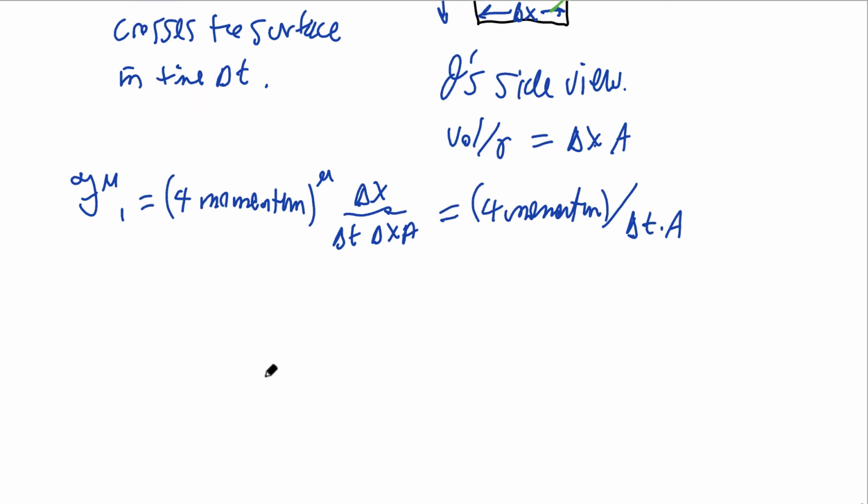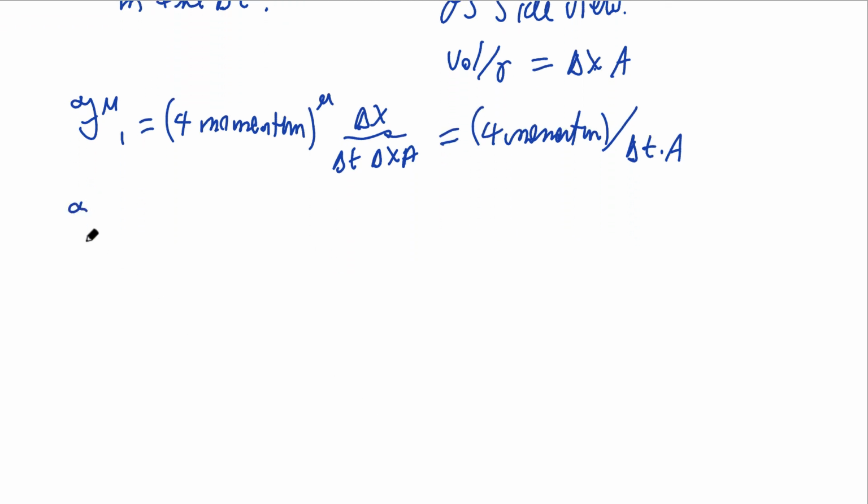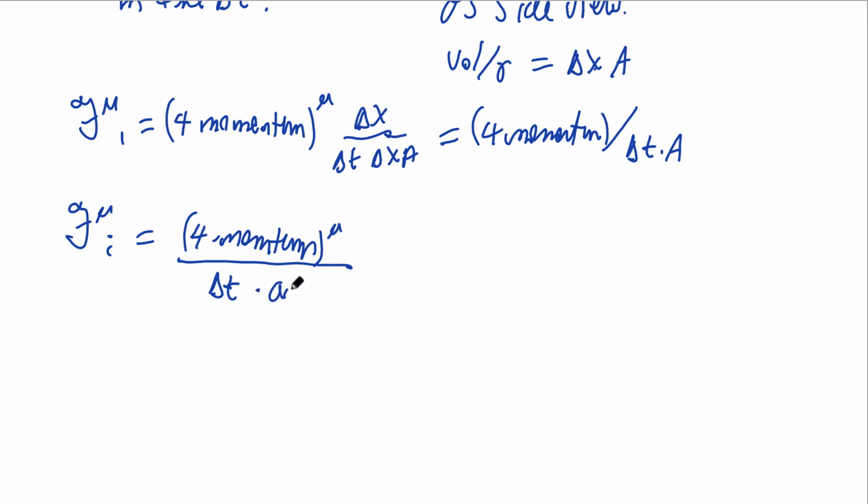So more generally, we can write F^μI as the four momentum muth component divided by the time interval on O's clock times the area that's perpendicular to the basis vector e_I. So this is, as it should be, the four momentum flux.